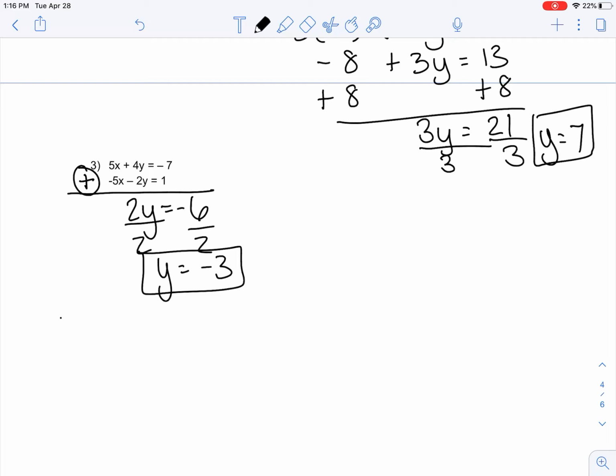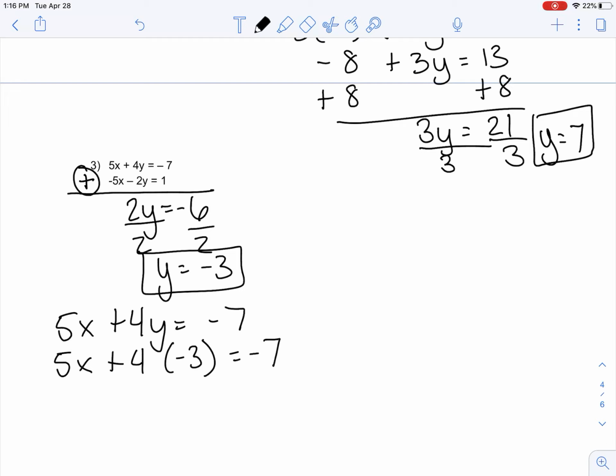Substitute that into our original 5x plus 4y equals negative 7. 5x plus 4 times negative 3 equals negative 7. 5x minus 12 equals negative 7.